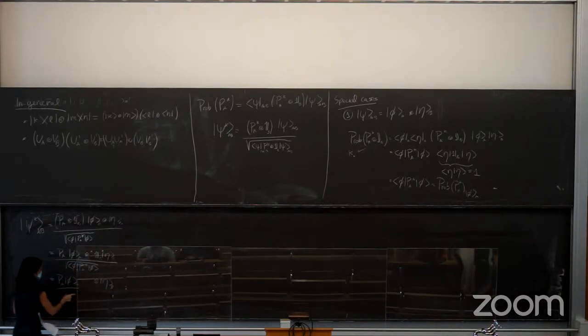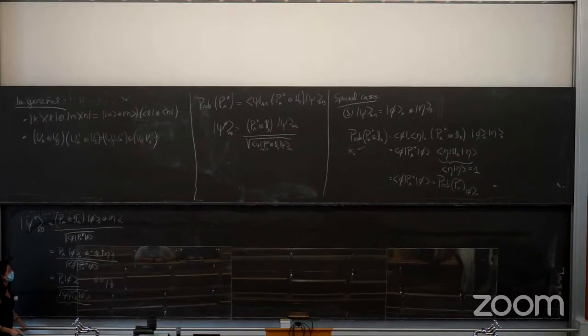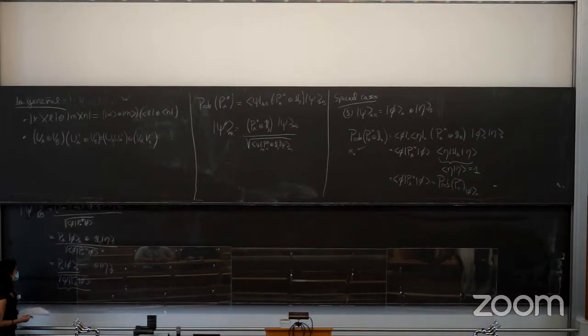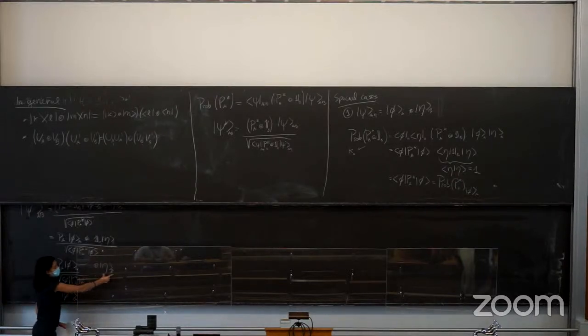So this would be the post-measurement state if you're looking just at the local view. So this is just phi K, the post-measurement state looking only locally, tensor the original state in B, because nothing happened to B. Okay.